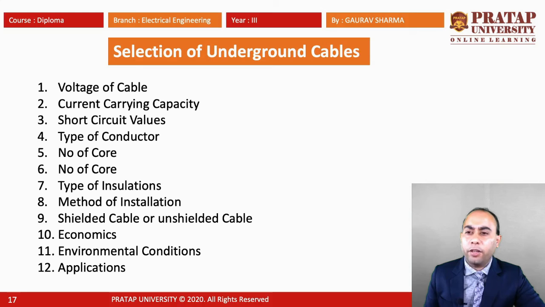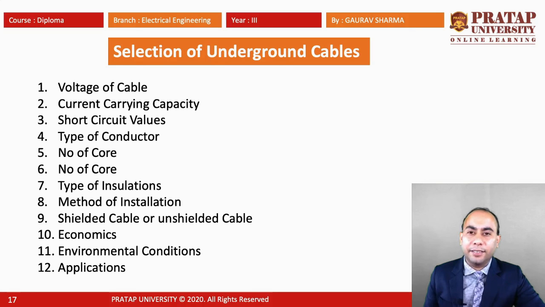On this point we can also consider the type of conductor we are using. We have 3-core or single core cable, and also a 4-core cable, or whether it has a neutral or not. It also includes which type of insulation and which level of insulation we are using.